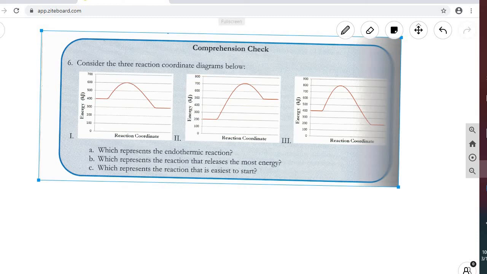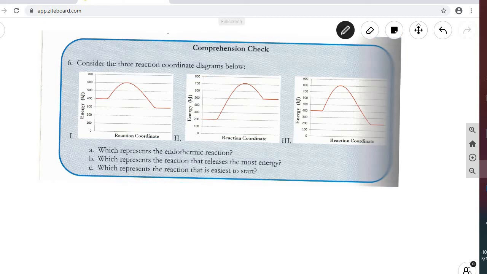So the endothermic reaction would be the one where the energy of the products is greater than the energy of the reactants. So that would be B, because we start at 200 and we end up at 500. So products minus reactants would give us a positive number. So this one is endothermic.